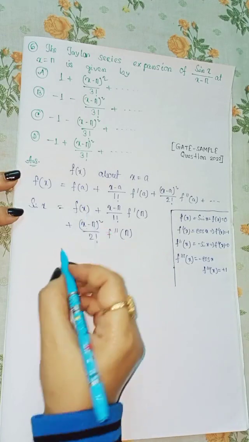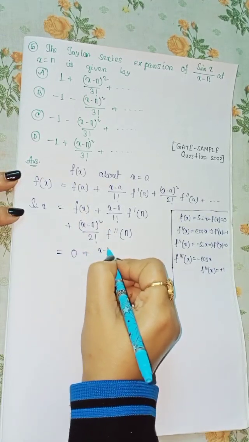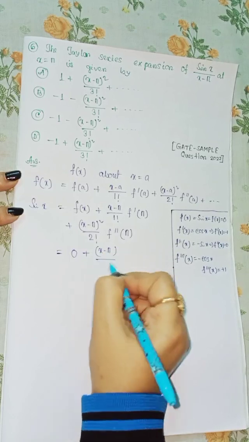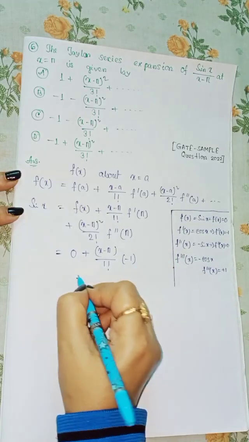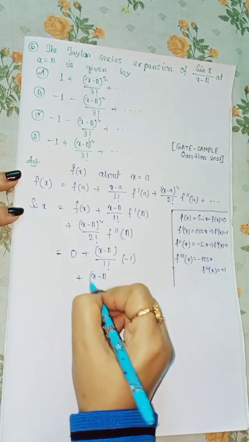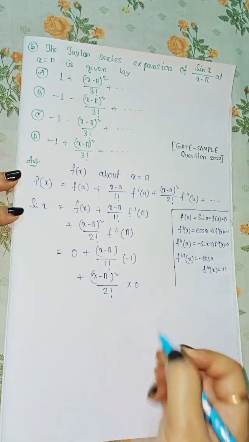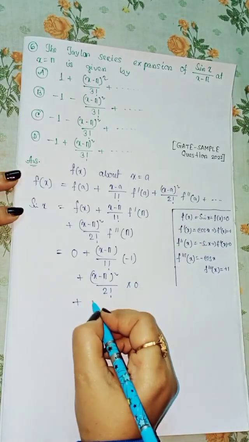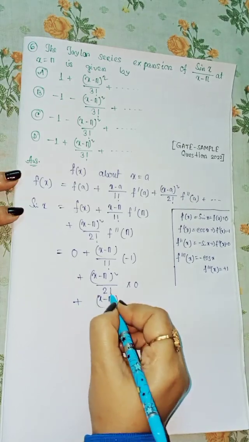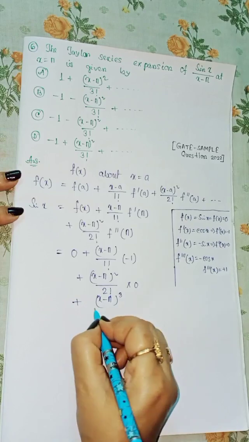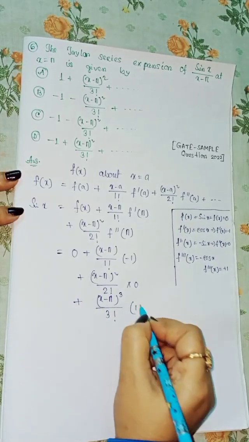So now putting this value f x is equal to 0 plus x minus pi by factorial 1 minus of 1 plus x minus pi whole square by factorial 2 into 0 plus x minus pi whole cube by factorial 3 into 1.